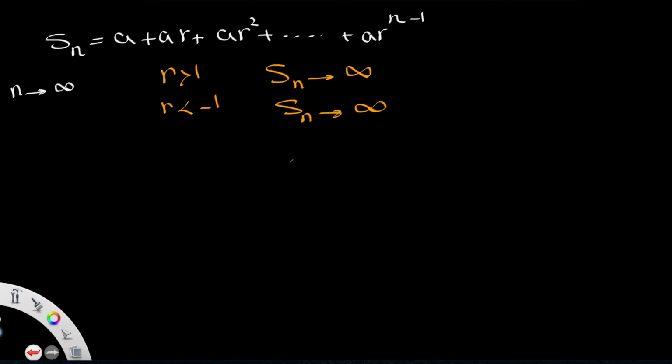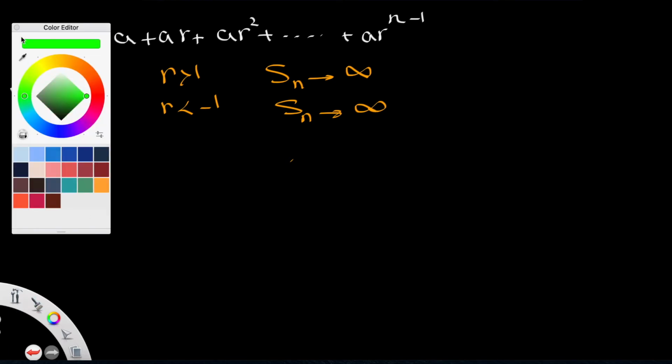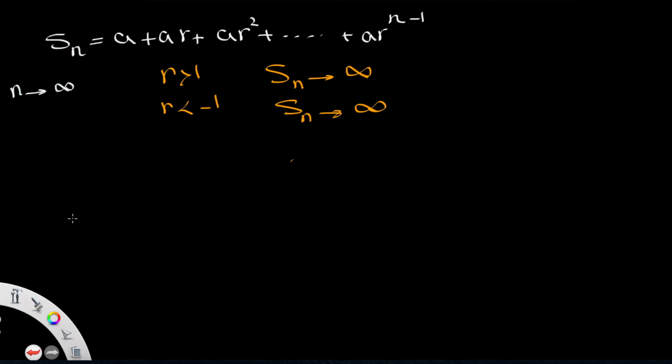Now, our aim here is to find the sum of n terms when the common ratio is a number between 1 and negative 1, or you could say the absolute value of r is less than 1. They are equivalent, meaning that r is taking a value between 1 and negative 1.